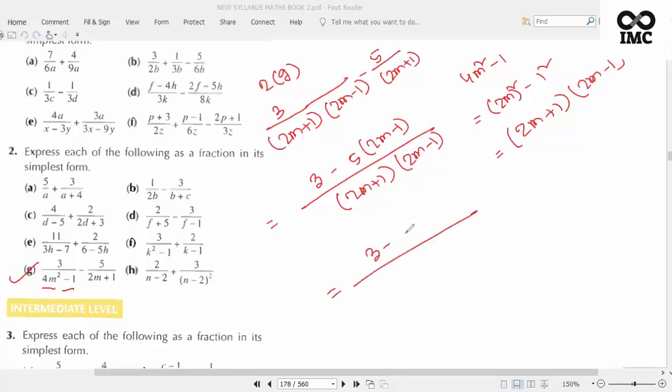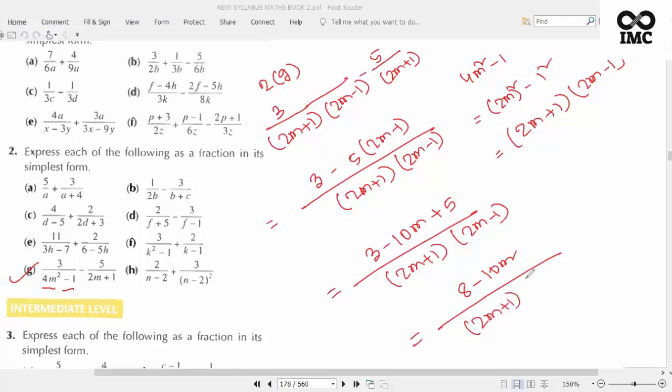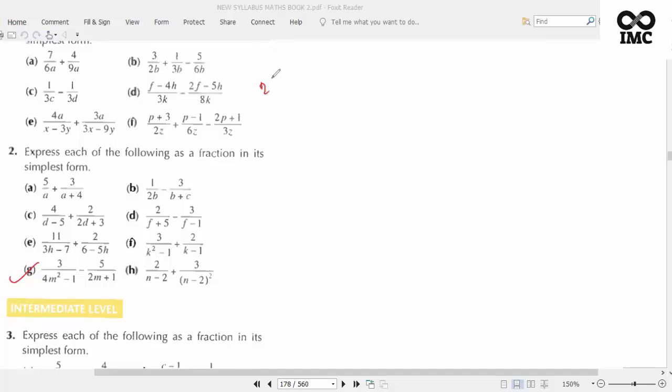So 3 minus 5 times 2m is 10m, minus 5 into minus 1, minus 1 is plus 5, divided by 2m plus 1 into 2m minus 1. So 5 plus 3, that will be 8. 8 minus 10m divided by 2m plus 1 into 2m minus 1. This is the answer.